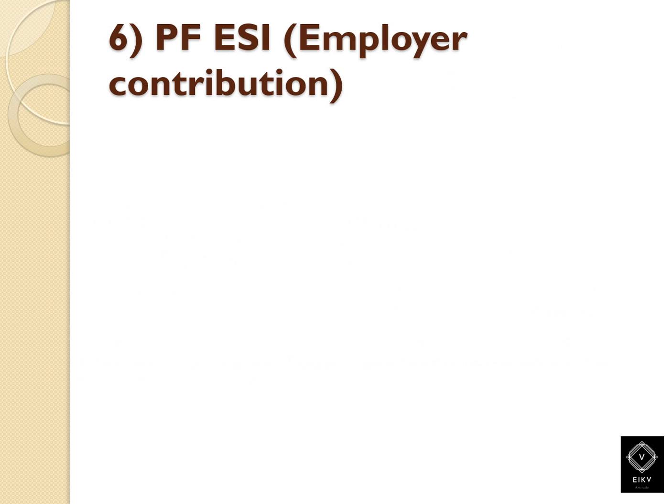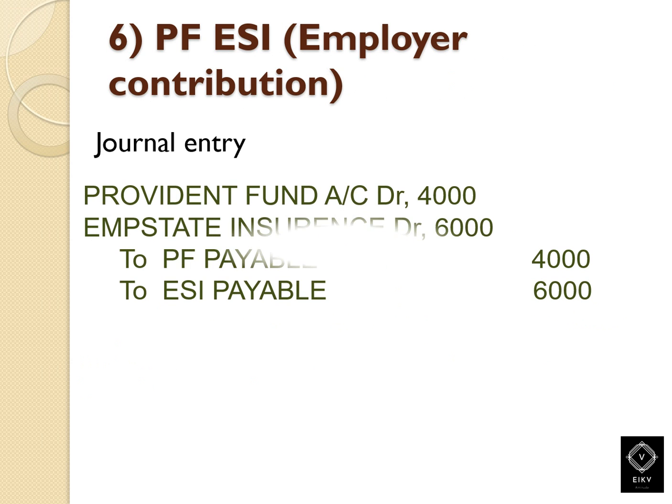We'll go for the further entry, PF ESI employer contribution. In case of employer contribution, the entry is Provident Fund account debtor, ESI account debtor. So Provident Fund 4,000, Employee State Insurance account 6,000 debtor to PF payable account, to ESI payable account 4,000, 6,000.